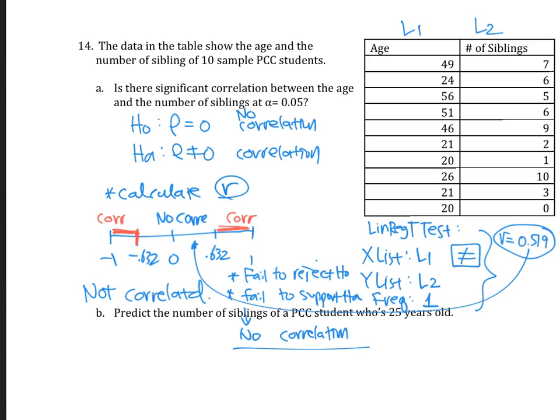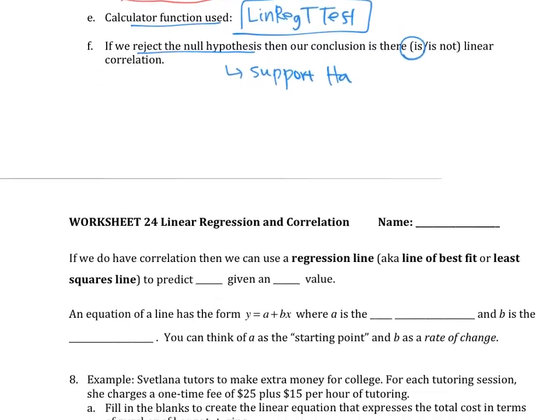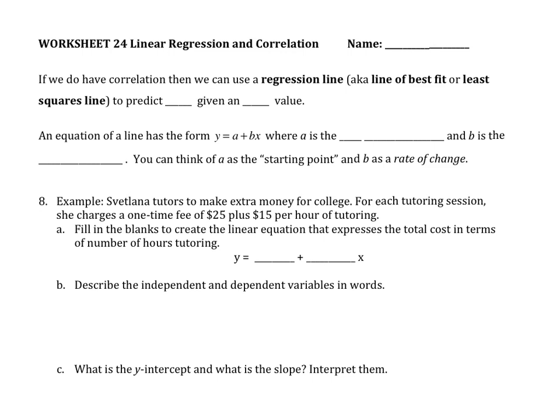Okay, let's go back to the example we were looking at here. If we do have a correlation, then you can use the regression line. You remember the testing we did was called linear regression t-test. It's called the best line of fit or least square line to predict. That line we're going to use to predict y value for given x value.